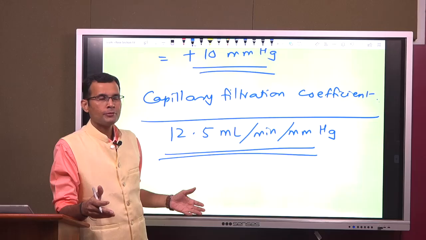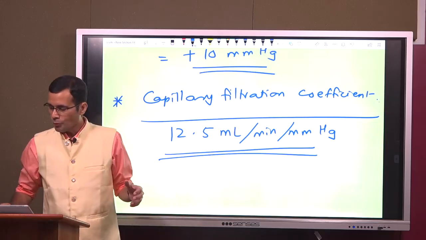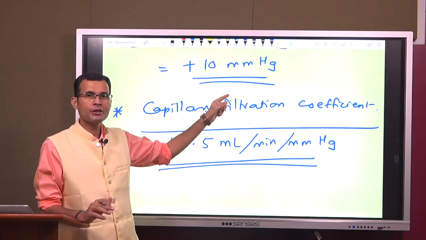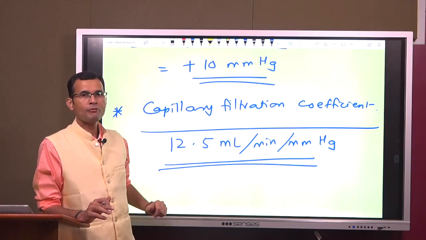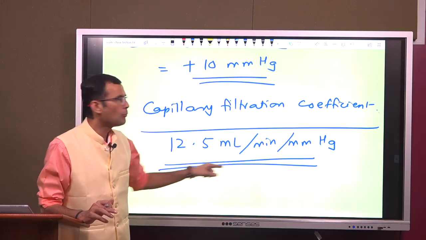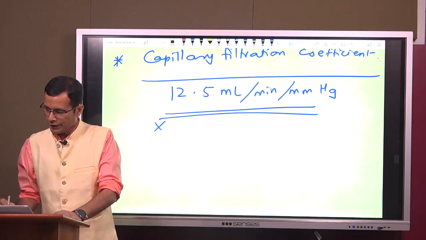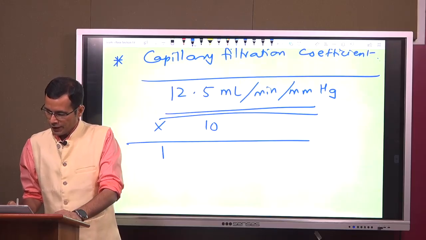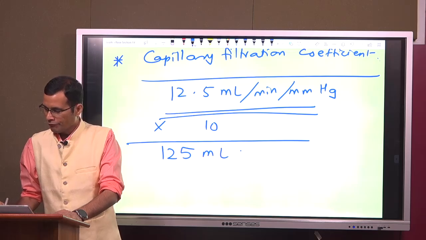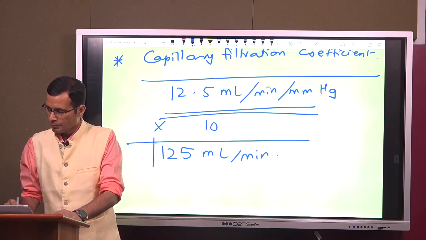So then how much is the net filtration pressure? 10 mm of Hg. So for 10 mm of Hg, how much filtrate will form every minute? 12.5 into 10, and that's 125 ml per minute.